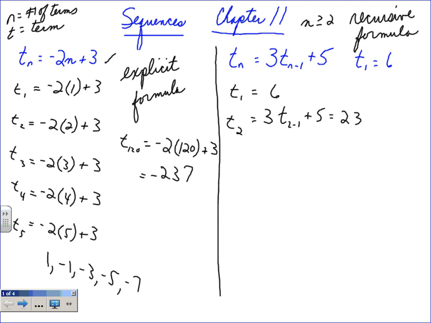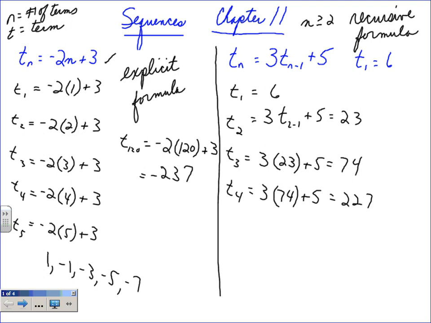Here, you need the previous term to find the next one. To find the third term, it is 3 times the previous term, which is 23, and then plus 5, okay, which is 74. The fourth term, 3 times the previous term, which is 74, and add 5. Okay.